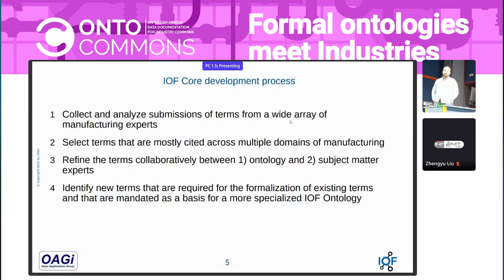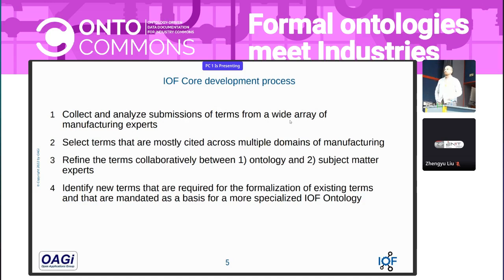As for the actual bit of history, how the IOF core got developed, first, a lot of submissions were analyzed that contained terms that were submitted by a wide array of manufacturing experts. Then a careful analysis was done to determine which terms are most cited, in other words, most utilized across the entire manufacturing domain.